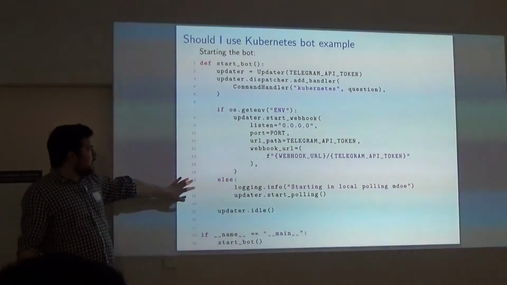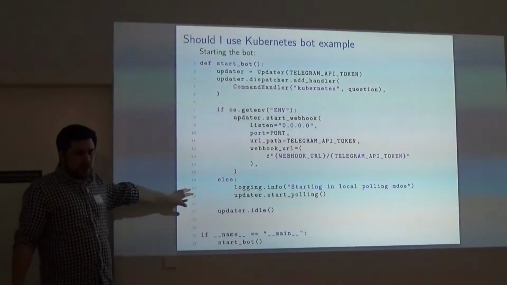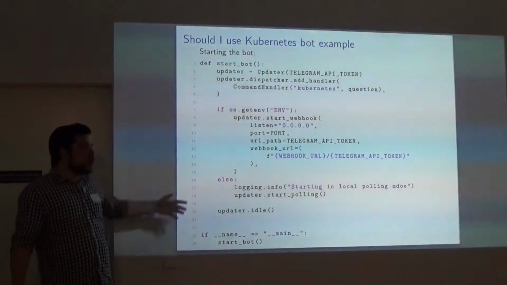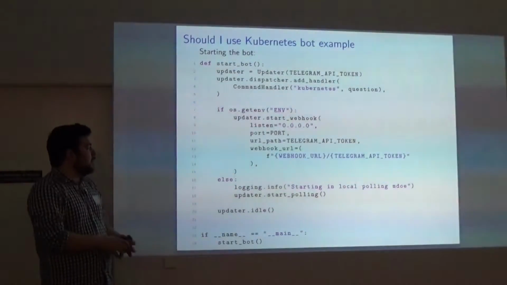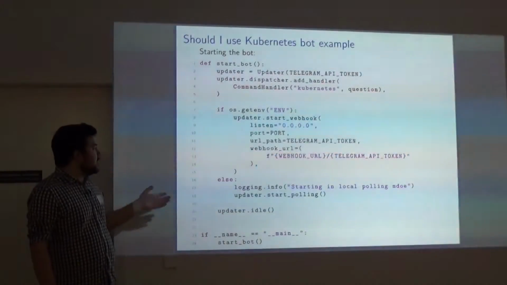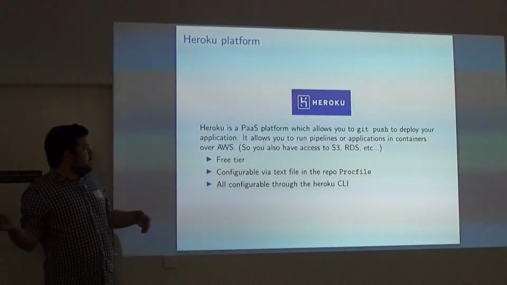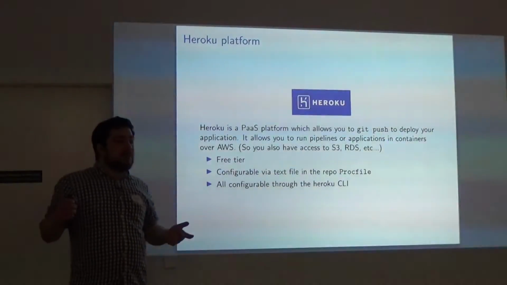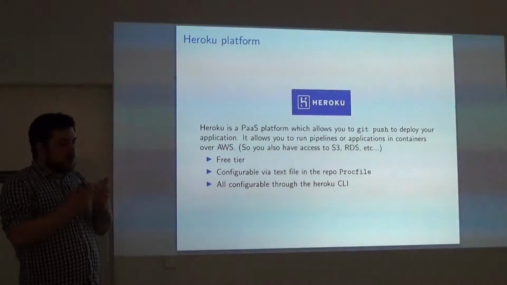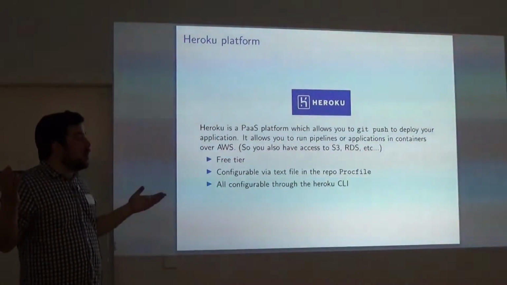This setup actually comes from the library documentation. It has a very nice section on how to do this. So this is nothing I invented actually. So as I said, Heroku is a platform as a service that allows you to run programs on the web.